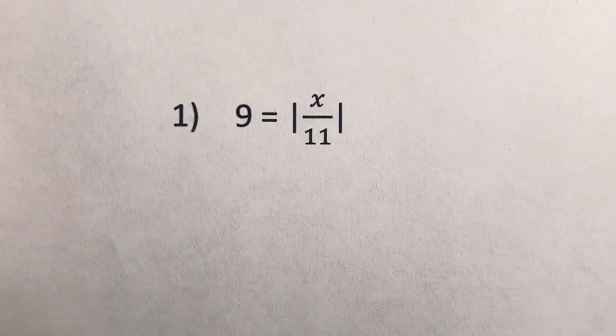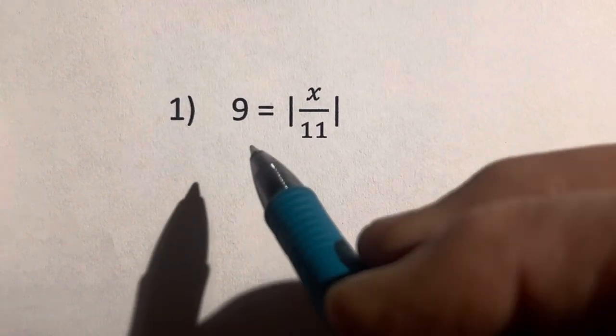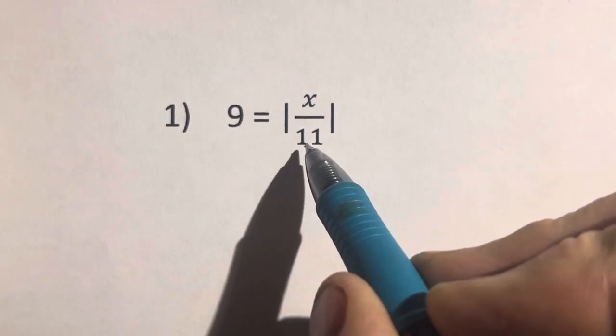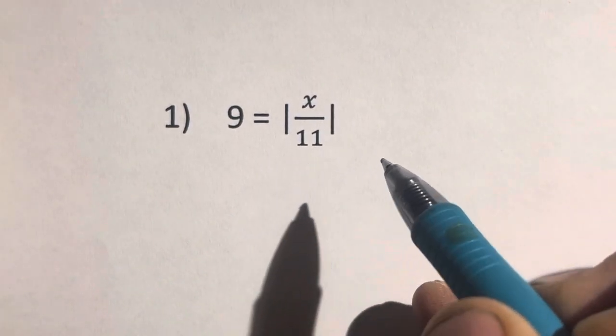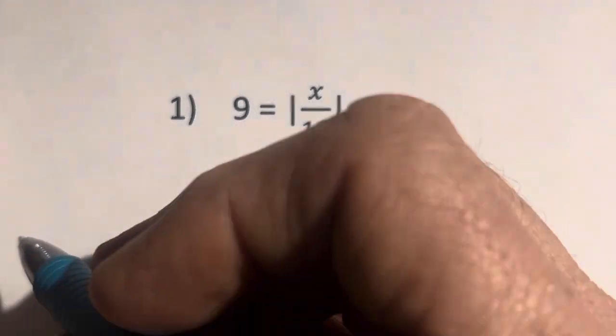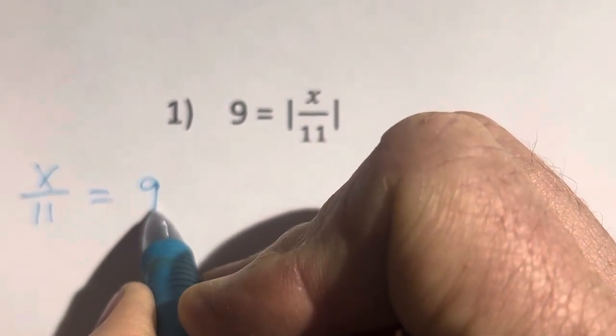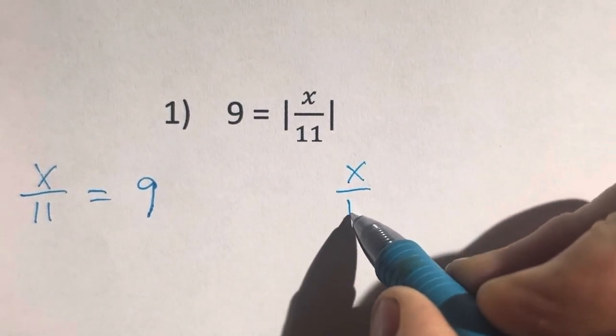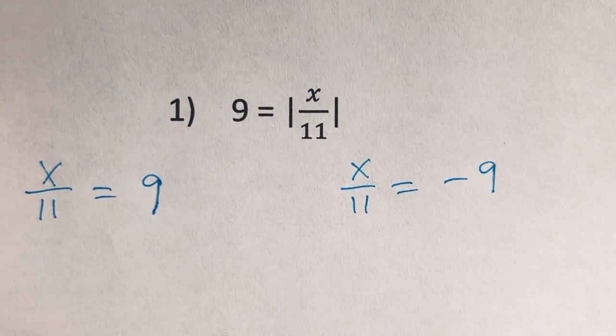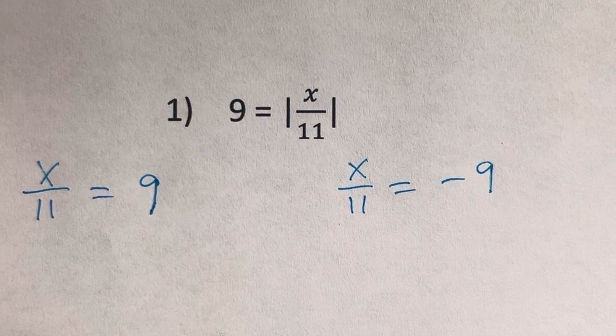Here's number 1 on our homework today. 9 equals the absolute value of x over 11. Now the absolute value is on the right, but it doesn't matter which side it's on. What I'm going to do is write x over 11 equals 9, and then x over 11 equals -9. Here's my two equations.